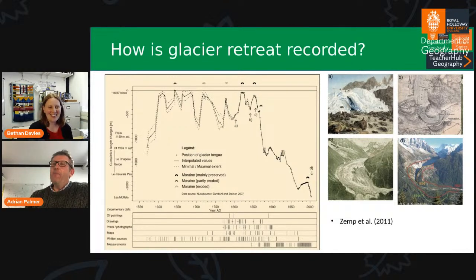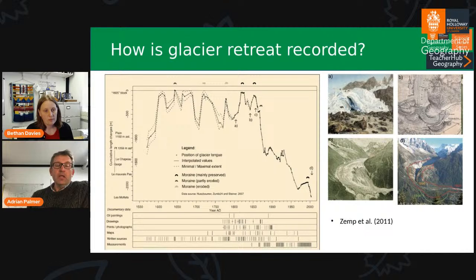So we would use landform evidence is basically the answer to your question. When a glacier advances to a position, it may bulldoze material in front of it, and it will create a ridge. And you're probably more than familiar with the concept of things like end moraines. But you may also have material that's falling from the surface of the glacier that accumulates at that margin, assuming that it's reasonably stable over several annual cycles.